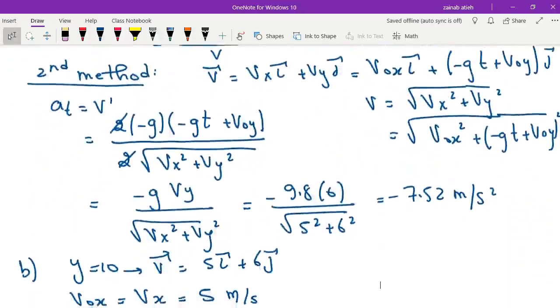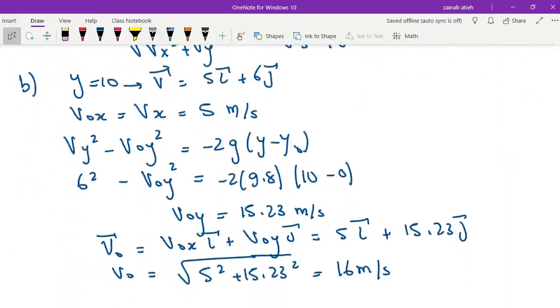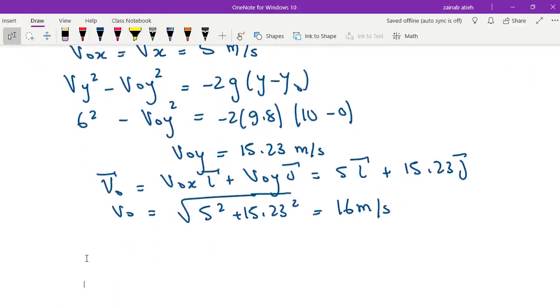على maximum height بيطلع معي ال Vy0. أكيد you can solve for it. I will just simply apply the formula because I have already explained it in the lecture.